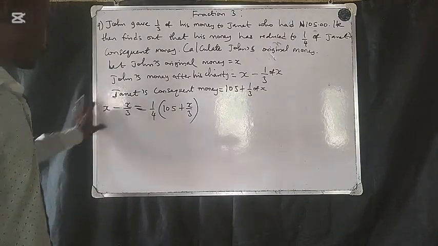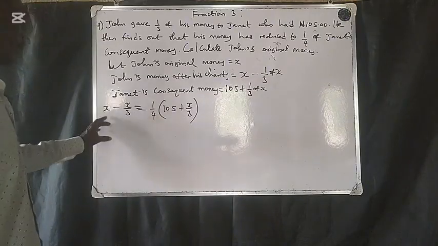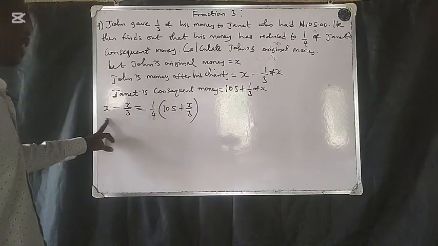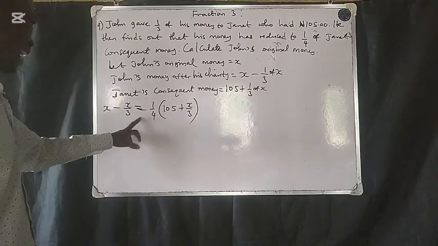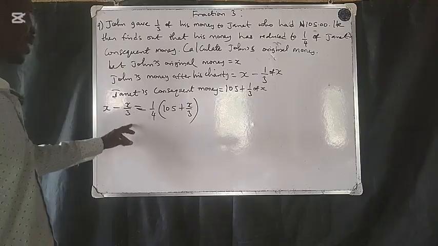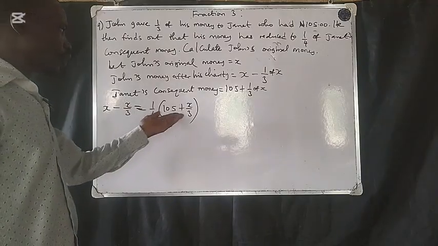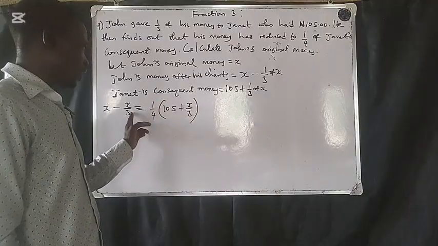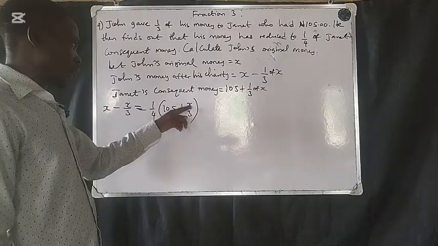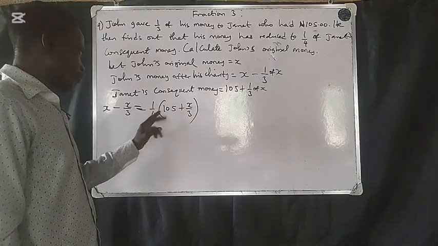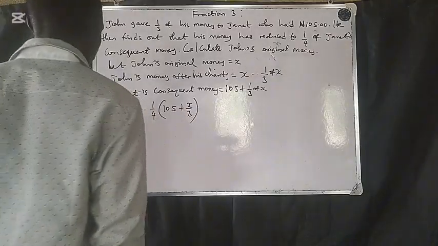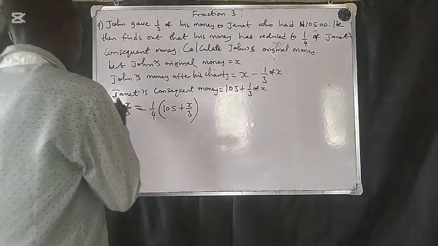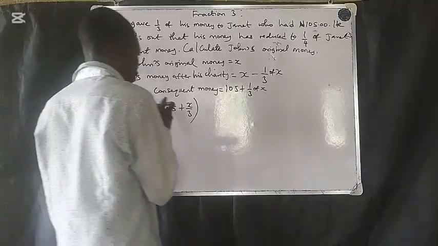John gave this out, and as he gave it out, we remove it from his money. And we are told as a result of that, his money is now 1/4 of Janet's consequent money, after Janet has received the gift. So this value is John's money, and this value is John's money.